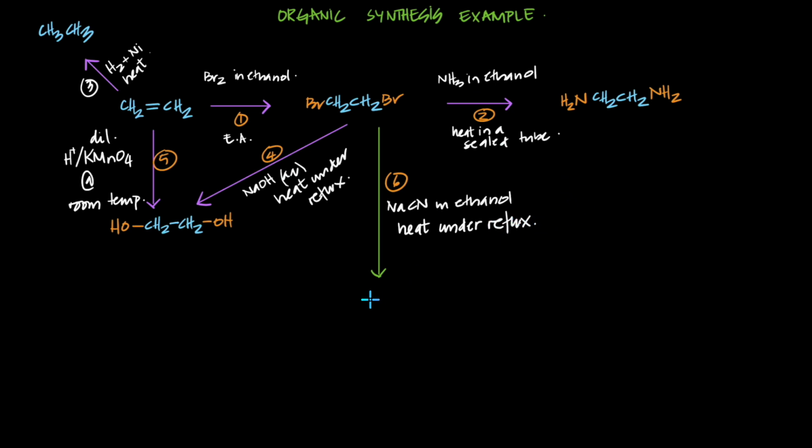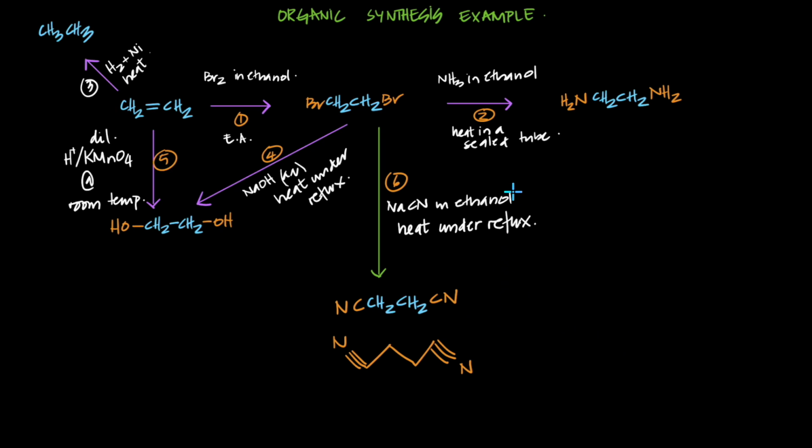In that case, the two Brs are replaced by C triple bond N, C triple bond N. The skeletal for this would be a little funny. C triple bond N, then CH2, CH2, CH2, CH2, 1, 2, 3, 4. And the left one will bond with the N, the right one with the N, and that's a triple bond like that. It's not as pretty, but that's what it is.